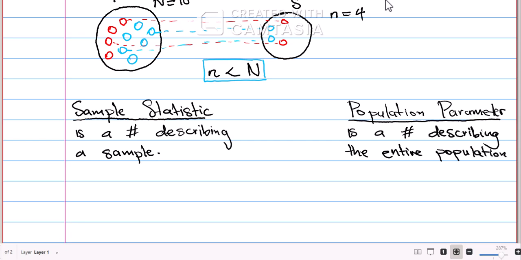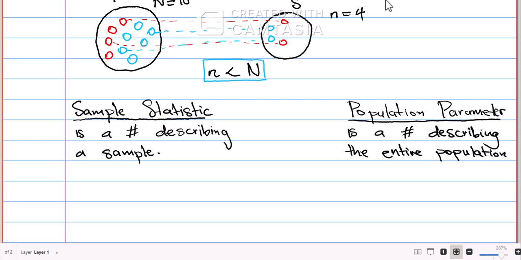So we use the parameters to measure some important things in the population. Maybe we can measure the mean, the variance, the standard deviation, the proportion.